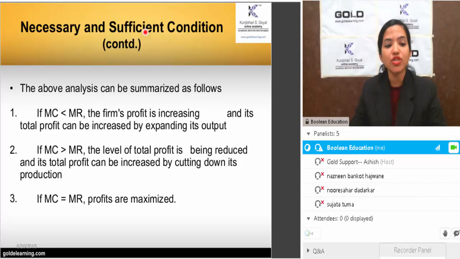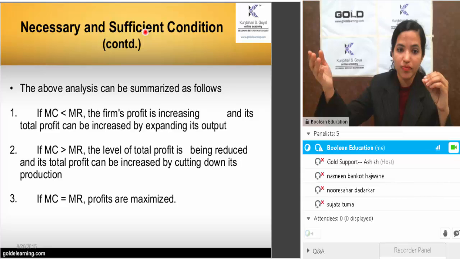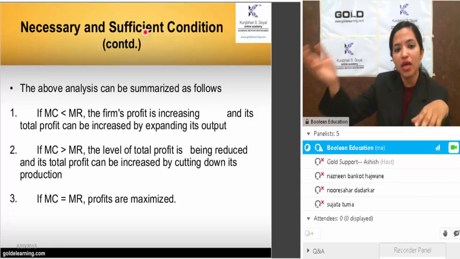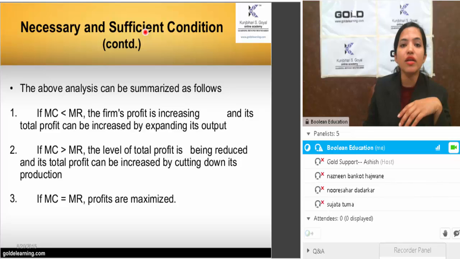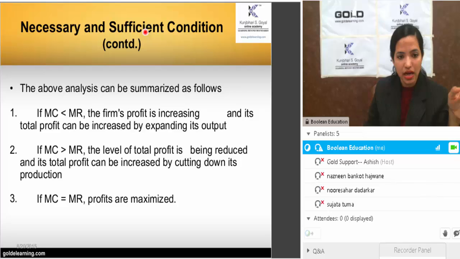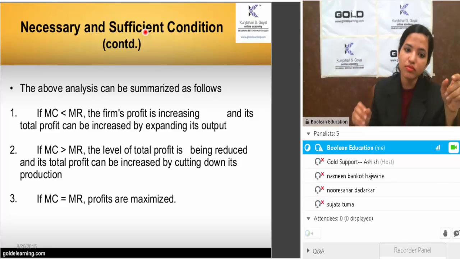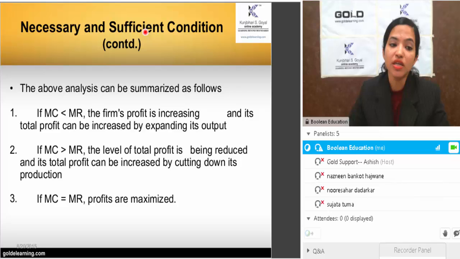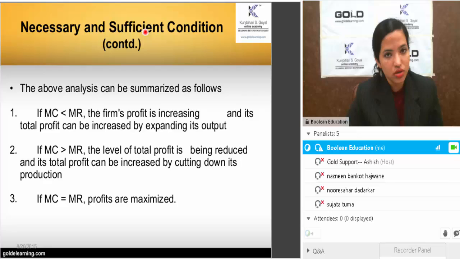And when marginal cost is greater than marginal revenue, कॉस्ट ज़्यादा है और रेवेन्यू कम है यहाँ. अर्लियर क्या था, कॉस्ट कम था और रेवेन्यू ज़्यादा था. तो in that situation वो आउटपुट और बढ़ा के they can earn more profit, they can increase the amount of profit they are earning. Second situation, if marginal cost ज़्यादा है और रेवेन्यू कम है, the level of total profit is being reduced and its total profit can be increased by cutting down its production. Cutting down its production meaning cutting down the marginal cost.